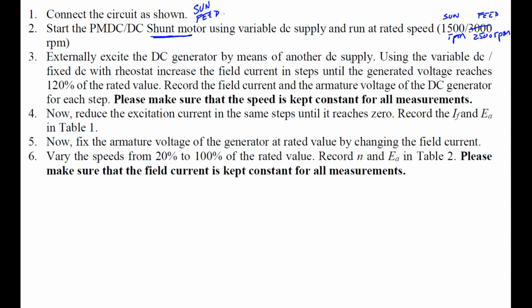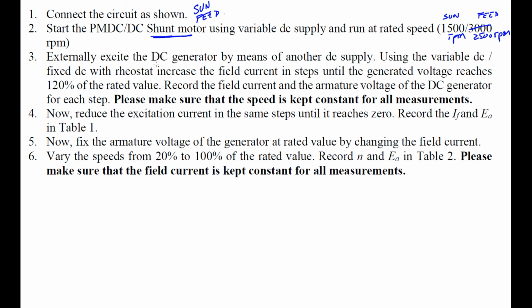So we vary our supply till we reach 2500 RPM for the feedback station, the white ones, and 1500 RPM for the black stations, the sun stations. Once we reach those speeds, we stop there, and after that, we keep both stations at those fixed, constant speeds.